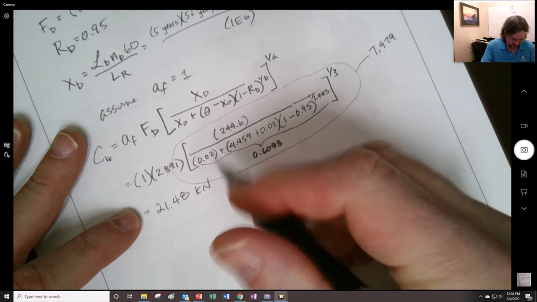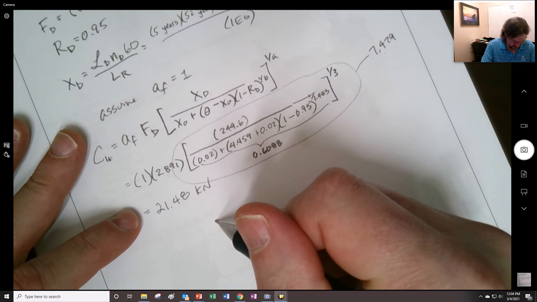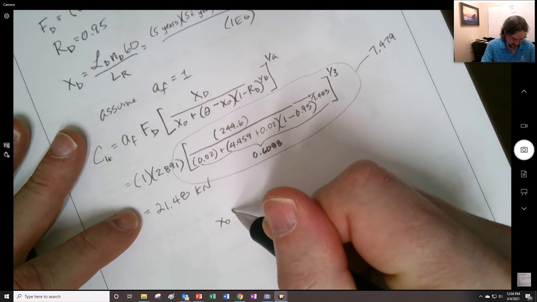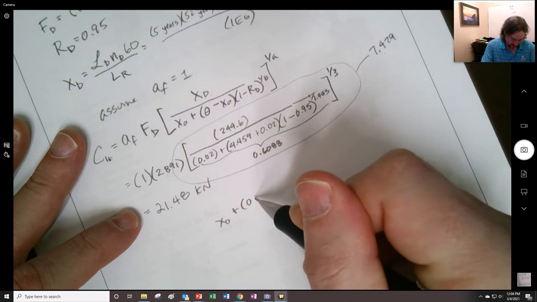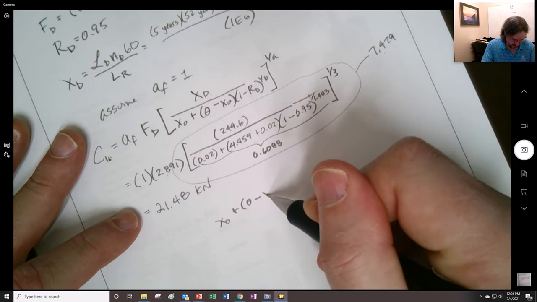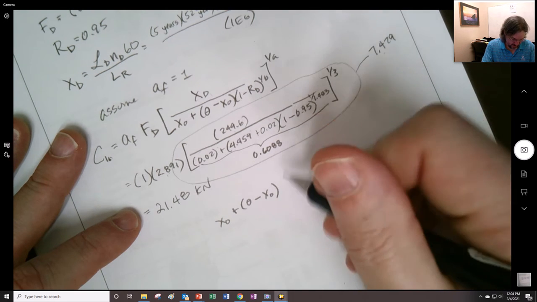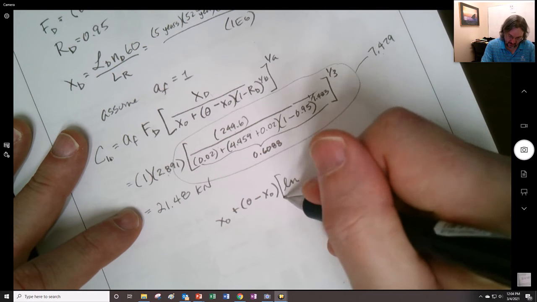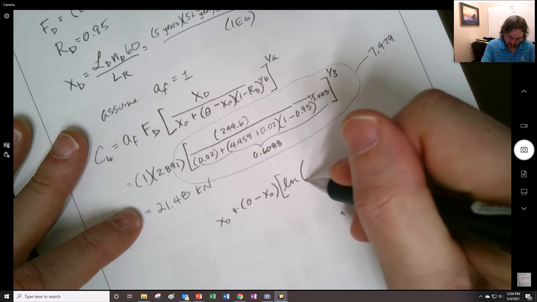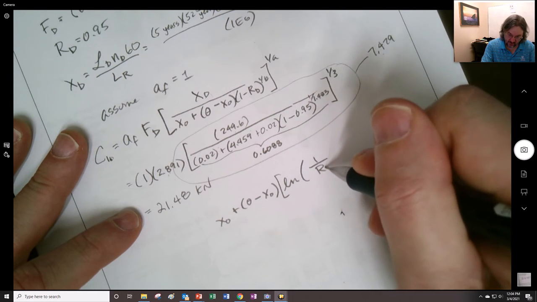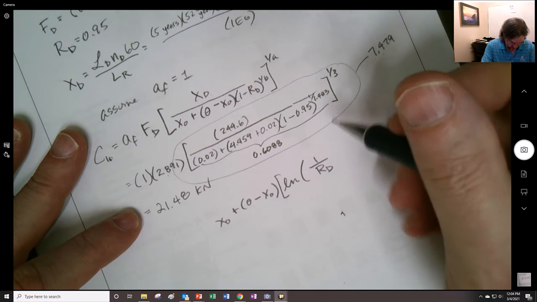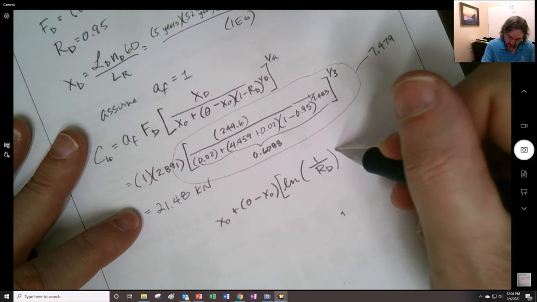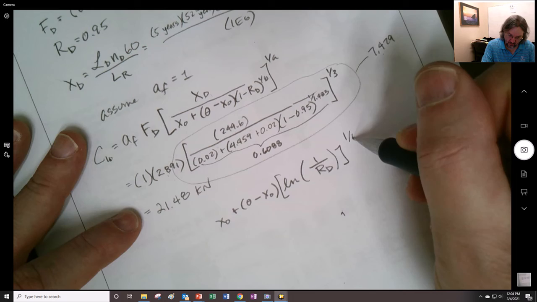So I'm going to enter in, let's try out this x0 plus theta minus x0 times our natural log. I think that goes up into there, and this is 1/RD. See if I'm doing that correct. And then we take this to the 1/B.